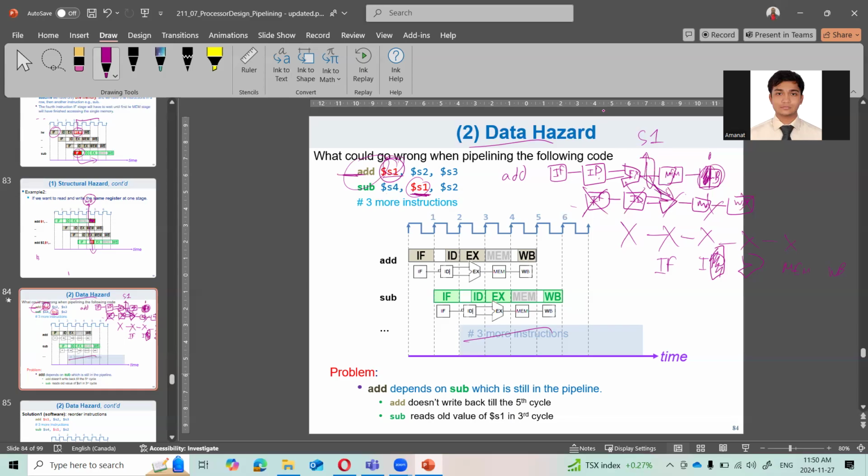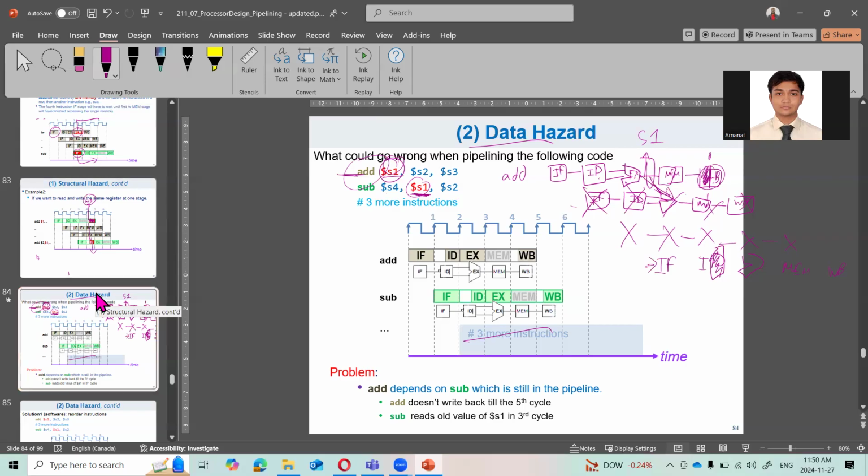Okay, and we'll do some examples which will make it more clear. So basically, you don't have to wait if you do forwarding. If you don't have forwarding implemented, then you have to wait 2 clock cycles. Don't do anything, just wait for it to finish, and then you can start here.